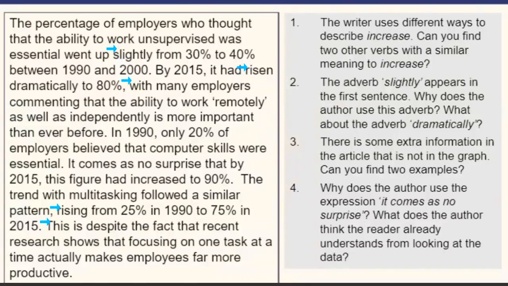It doesn't have a straight relation to the graph. So extra info. The last question: why does the author use the expression "it comes as no surprise"? What does the author think the reader already understands from looking at the data?